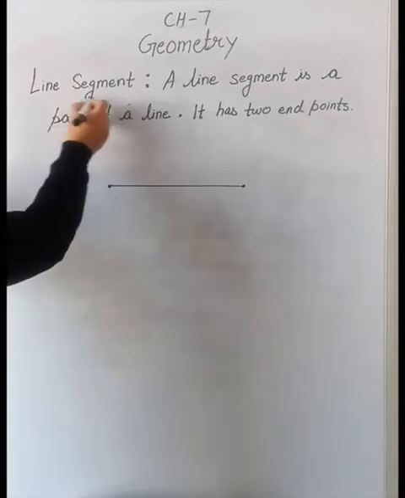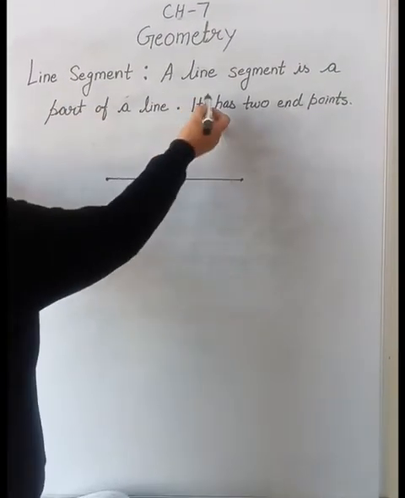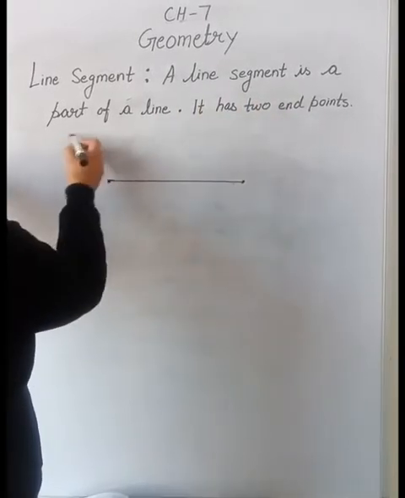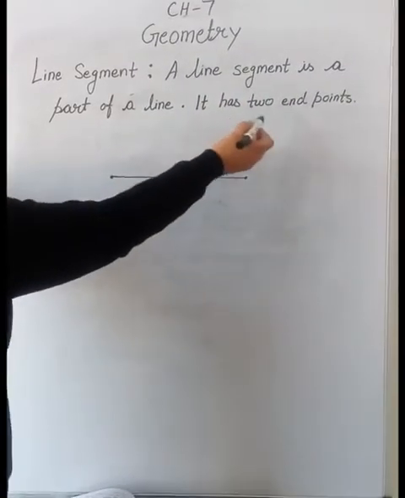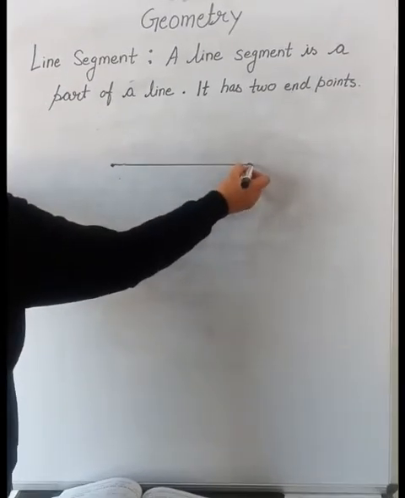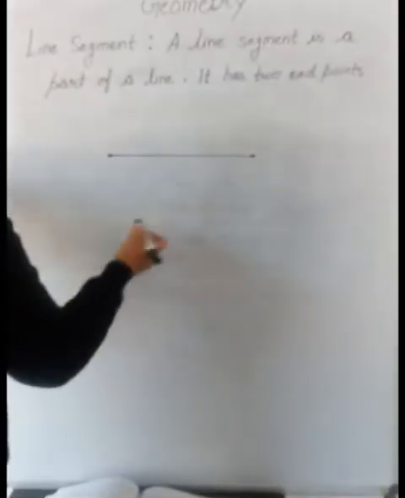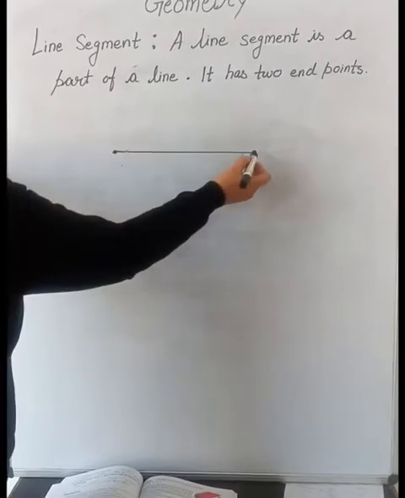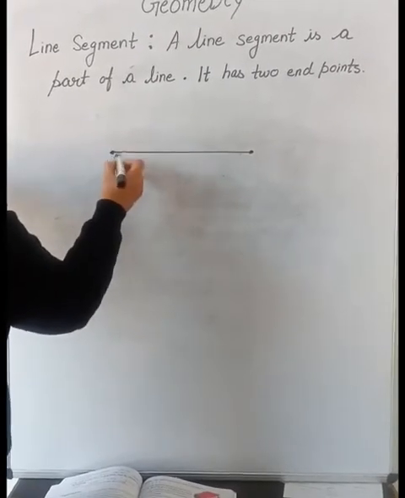Now next is the line segment. A line segment is a part of a line. It has 2 end points. This is the line segment and these are the 2 points, and these 2 points are end points.